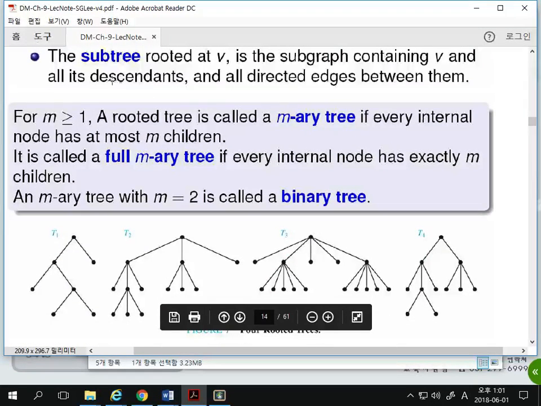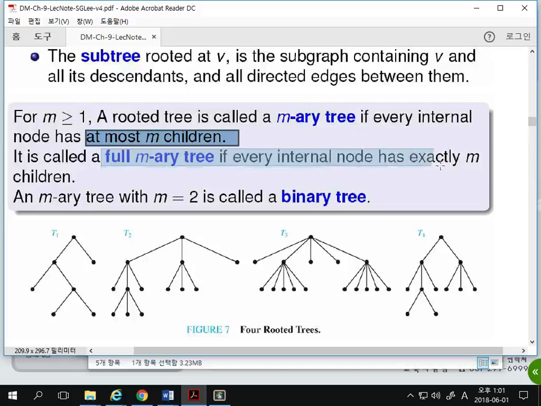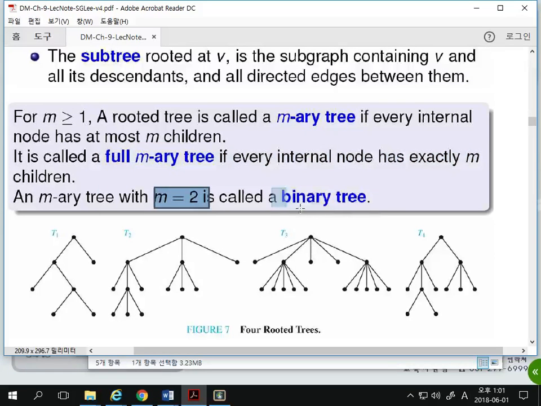Next, a rooted tree is called an m-ary tree if every internal node has at most m children. It is called a full m-ary tree if every internal node has exactly m children. An m-ary tree with m equal to 2 is called a binary tree. At most m children.